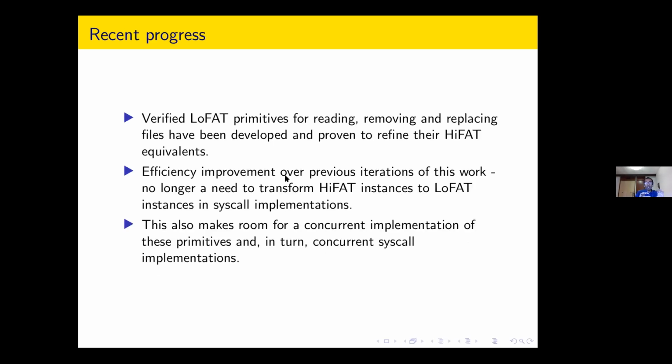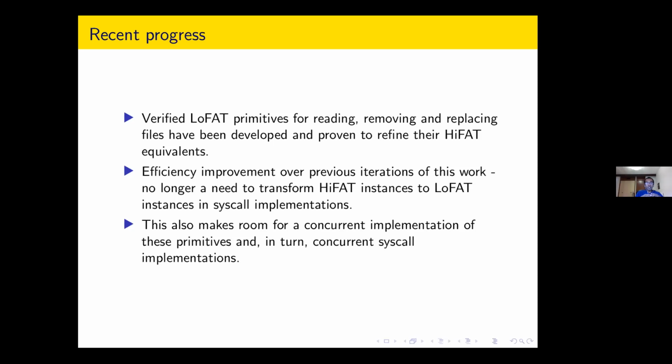So, having talked a little bit about AbsFAT, I also feel the need to mention some recent progress, which actually happens to have occurred after this paper was written. We now have verified low-fat primitives for every single thing we do in our syscalls, which is reading, removing, and replacing files.